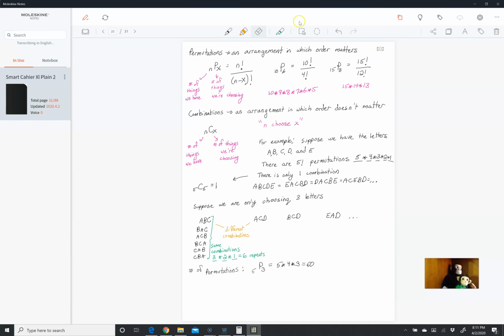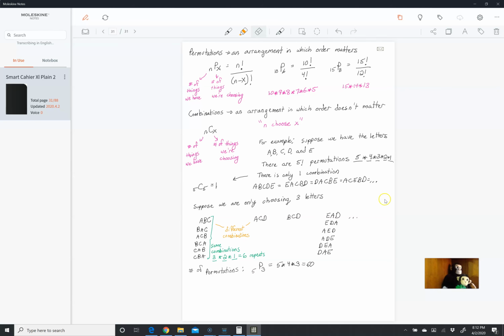Now the same is true for all of these. So for the EAD, there are 6 repeats here as well, because either E is first, in which case we have EAD or EDA, or A is first, in which case we have AED or ADE, or D is first, in which case we have DEA or DAE.